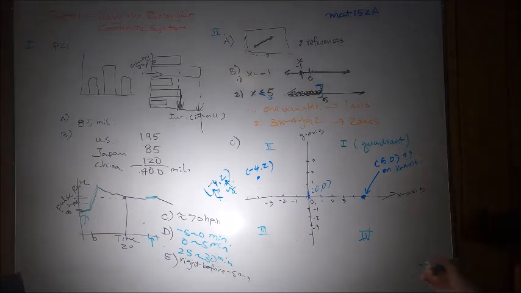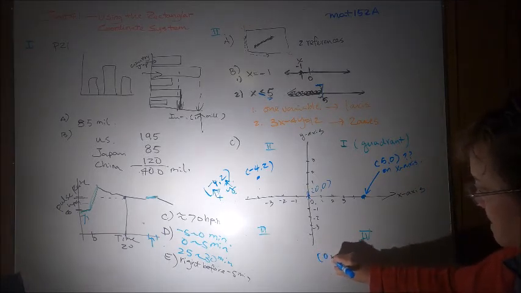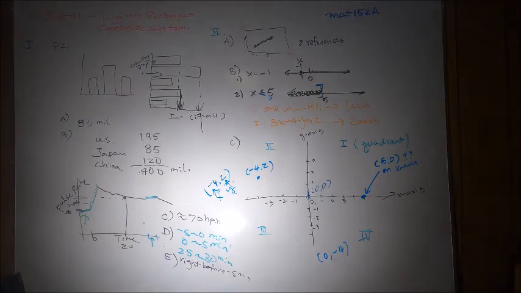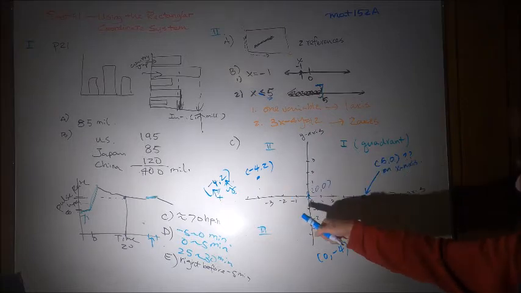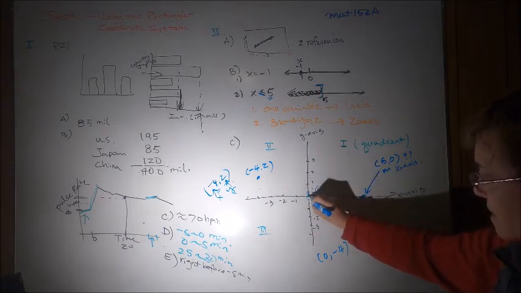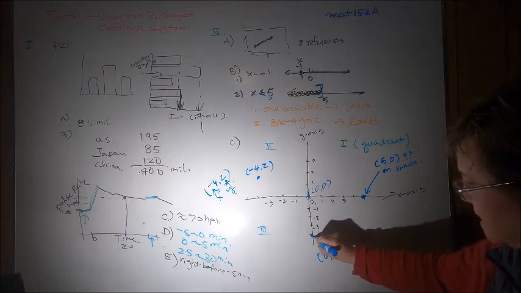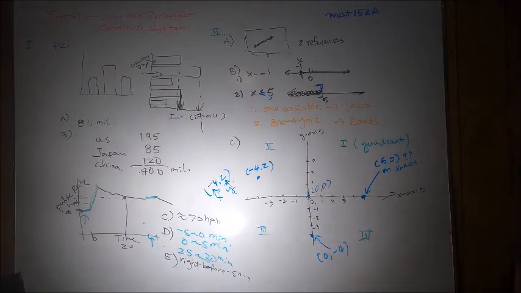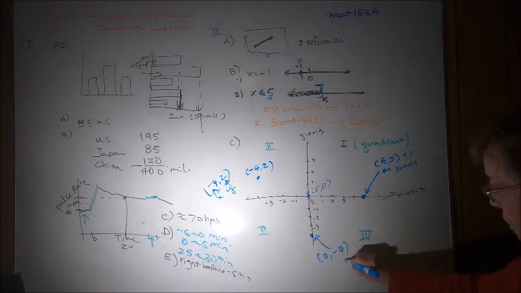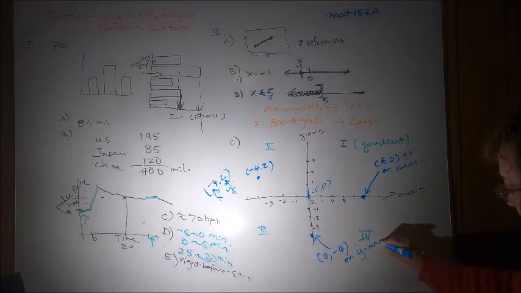Right? Then if we ask you, where is (0, -4)? How would you answer it? It would not be there. It would be right here, 0, then come down 4. It's right here. Right? That would be on the y-axis.